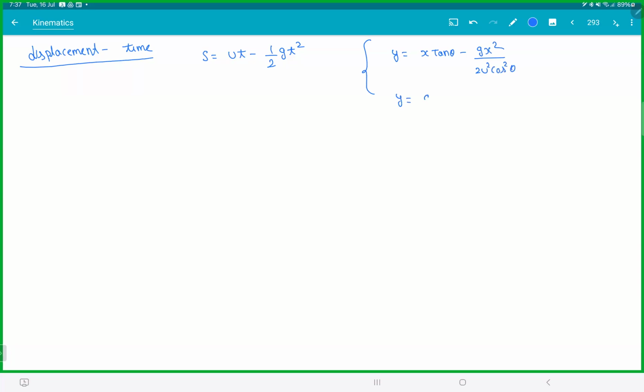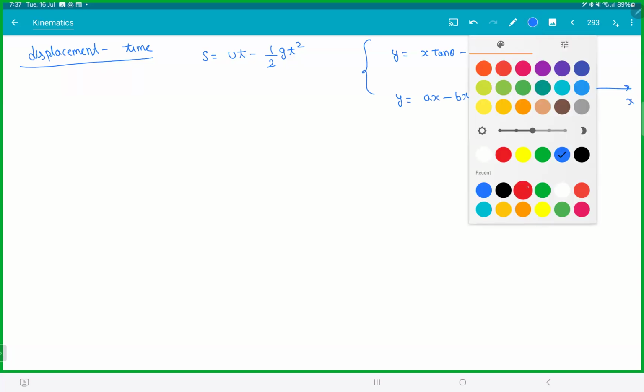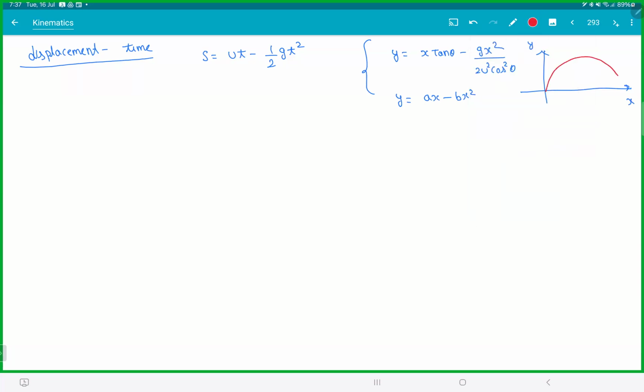This looks like y is equal to ax minus bx square, and for this the graph was this. That is another thing I've already studied, so we can use this. This is the parabola, isn't it? Equation of trajectory. Remember, y is equal to ax minus bx square. So that was a parabola which we have studied.